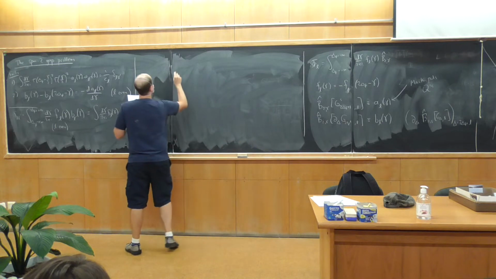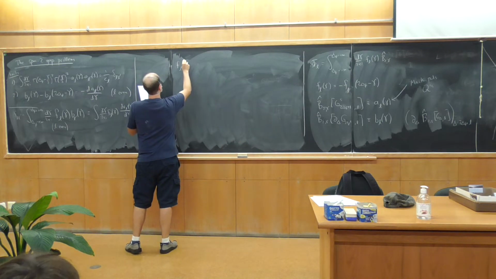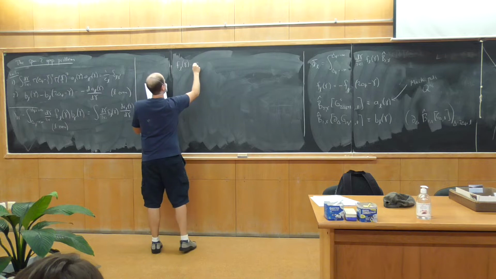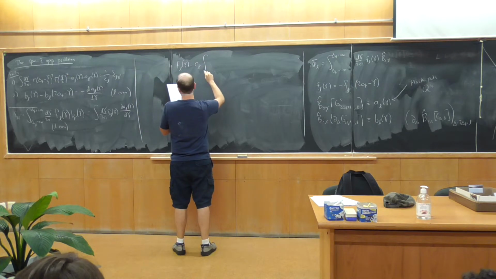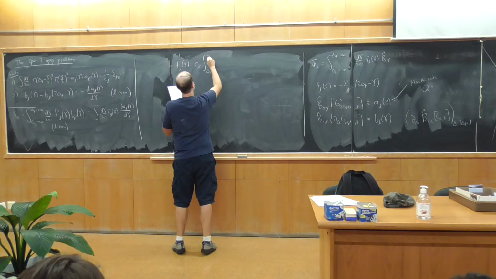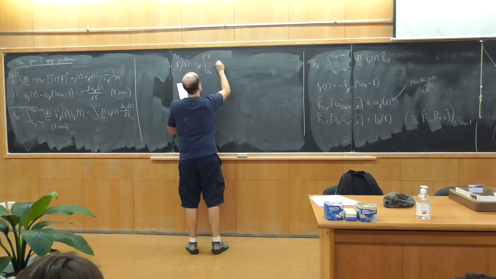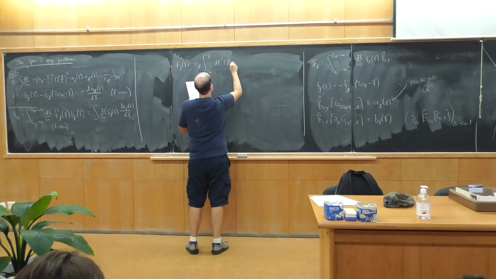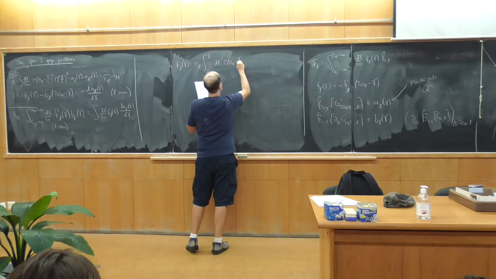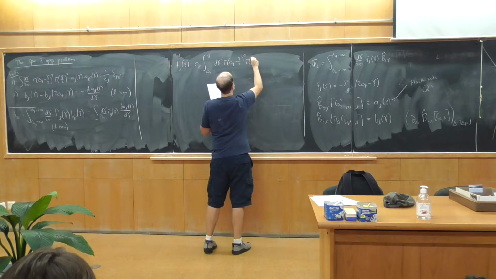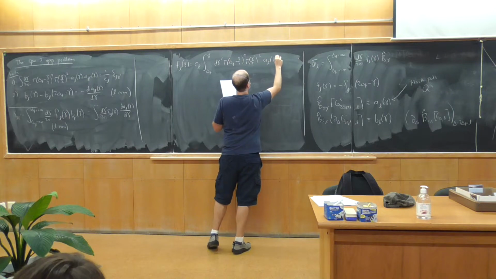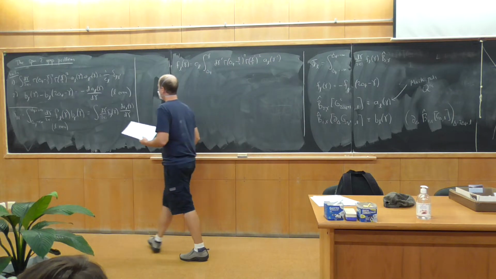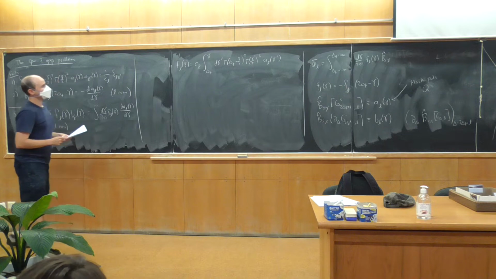So I'll just write the solution and then you can check for yourself that it's correct. So the idea is that it's just the integral of A gamma. Okay, so I claim that this is the solution.